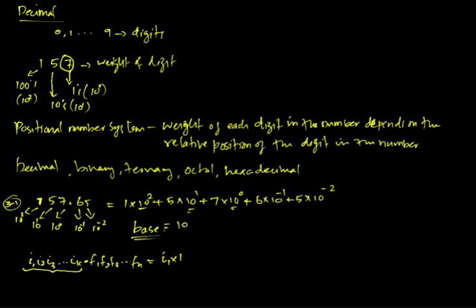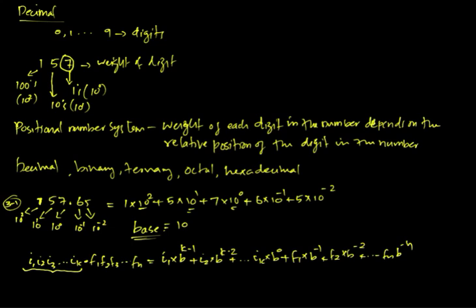So if b is the base, then b raised to k minus 1 plus I2 into b raised to k minus 2 plus etc. Ik into b raised to 0 plus then the fractional part f1 into b raised to minus 1 plus f2 into b raised to minus 2 plus etc. fn into b raised to minus n. So this is the expanded representation of any number in terms of its base.